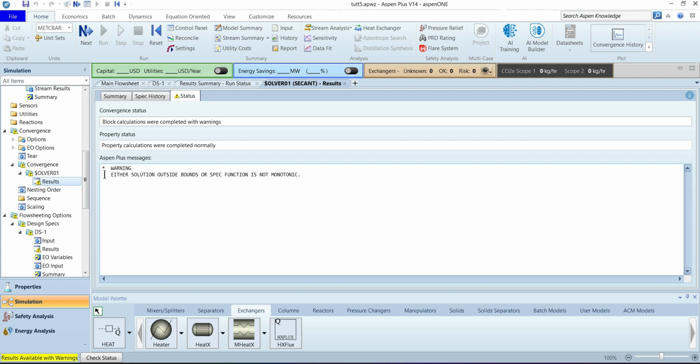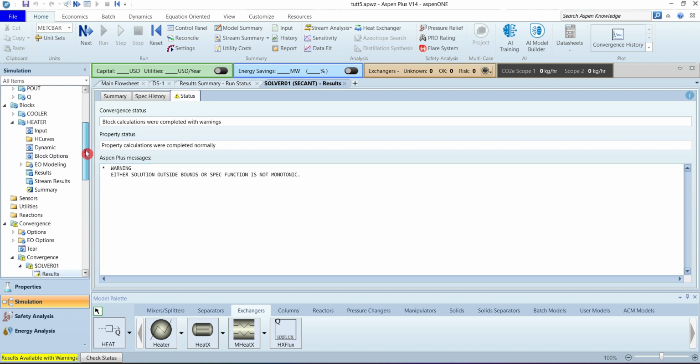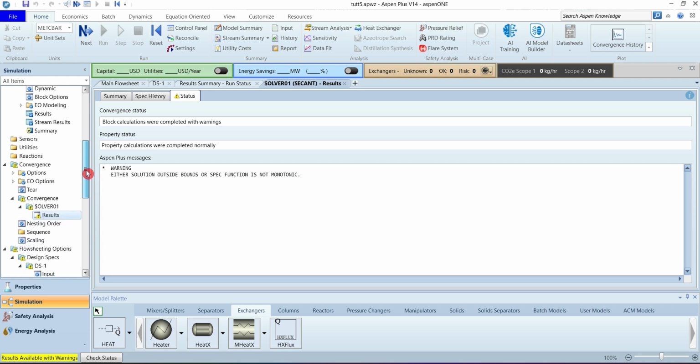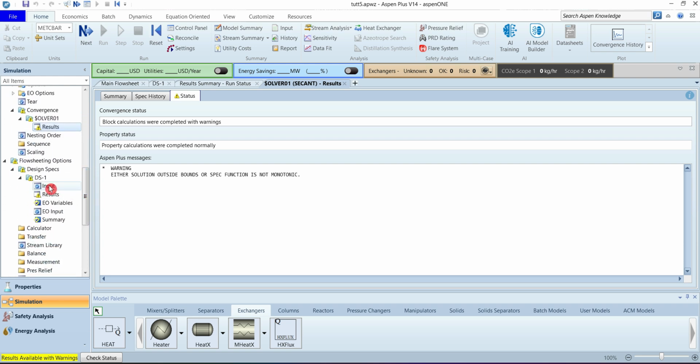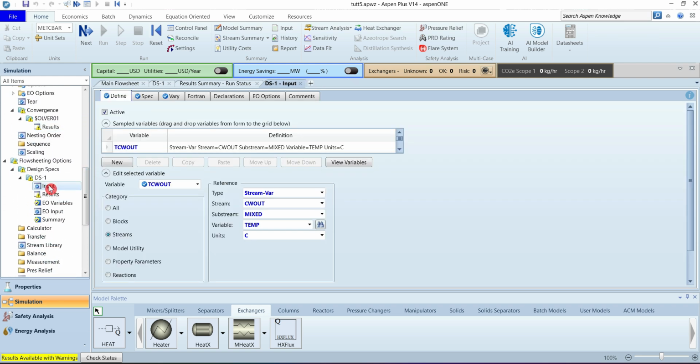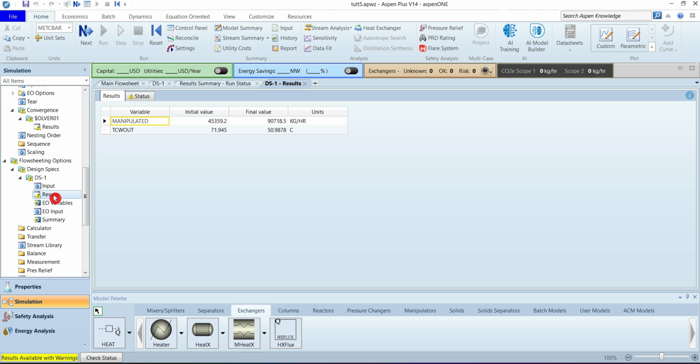Let's first cross check. Again, go to the design specification where we had defined the objective function, and we can move to the results of that tab. Here you can see what the results are.